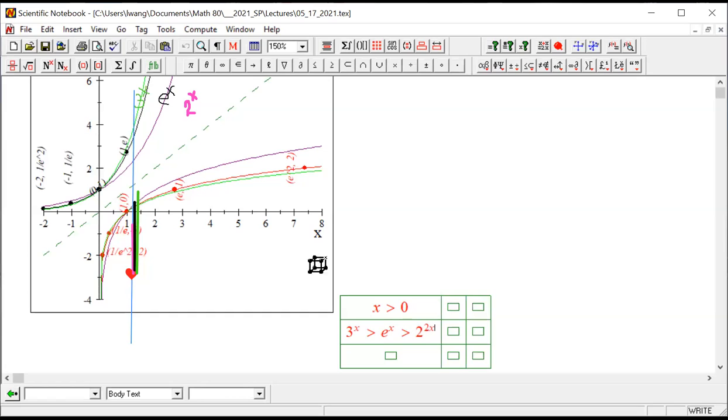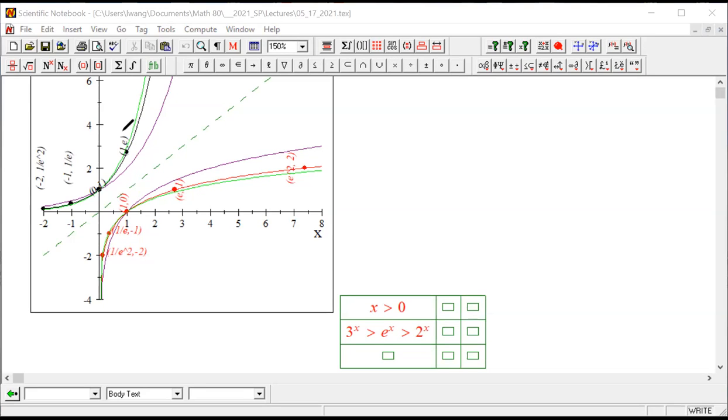You follow me? When x is larger than 0, on this side, is that clear to you guys? Because I may have to adjust the picture. Okay, so let me do it again. Does everybody follow me?